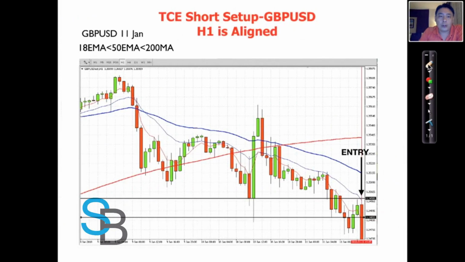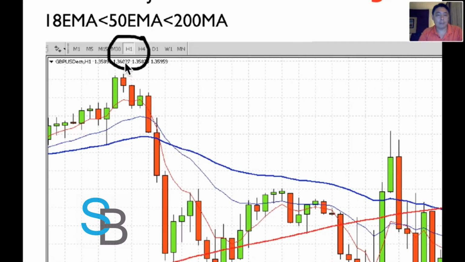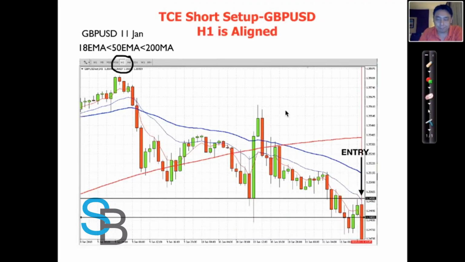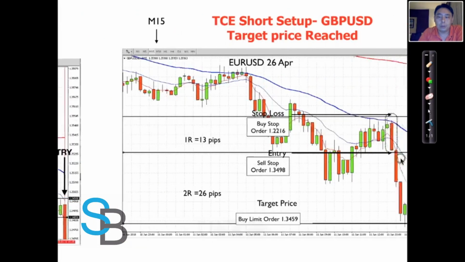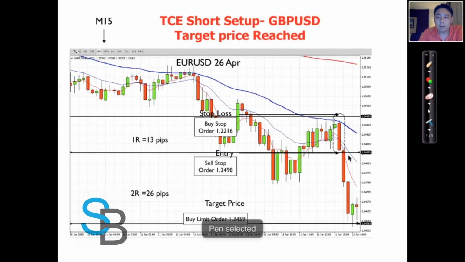So again, always check the hourly candles to confirm your trade. So you can see that on the hourly time frame, we also have the moving averages in sequence. 18 below 50, 50 below 200. So once you enter the trade, the next candle opened and went below the low of this bearish engulfing candle.